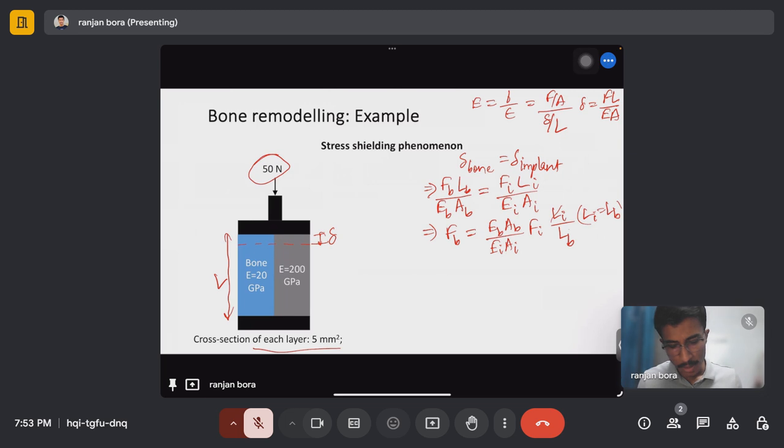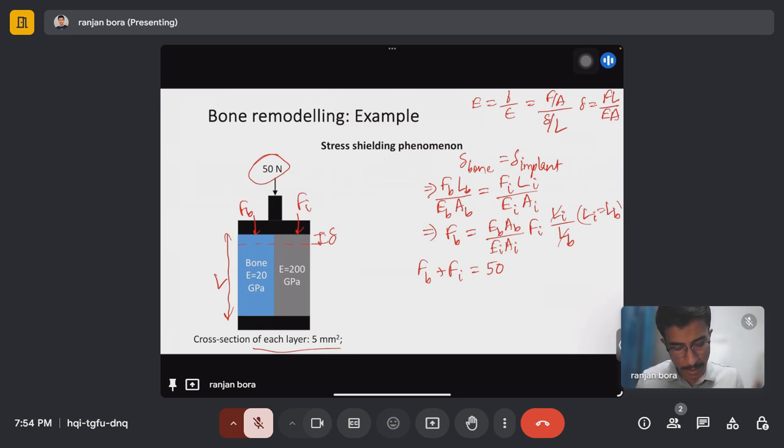Now you can see that FB plus FI should be equal to 50, because we are applying 50 Newton force.